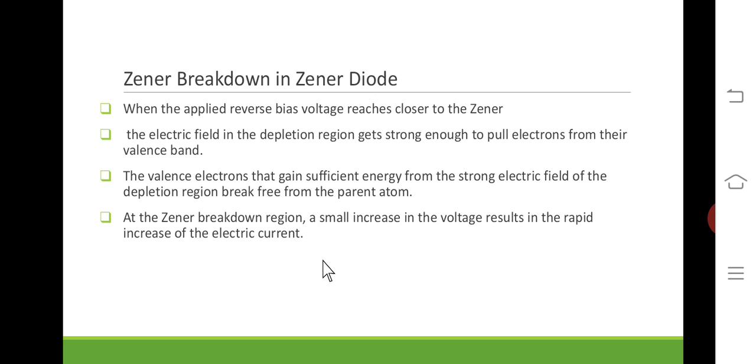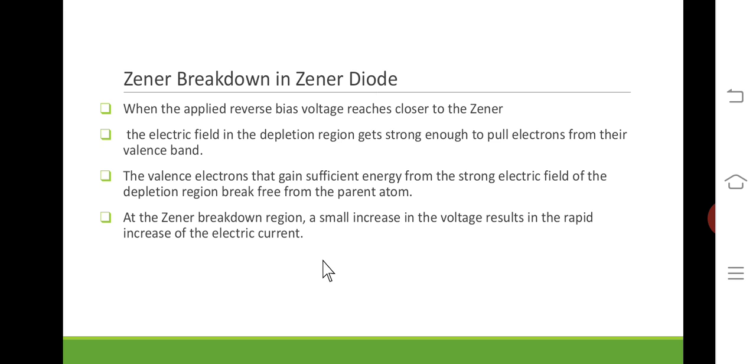This field is so strong that it is enough to break the covalent bonds, thereby generating electron-hole pairs. Even a small further increase in the reverse voltage is capable of producing a large number of current carriers. Therefore, this junction has a very low resistance in the breakdown region.